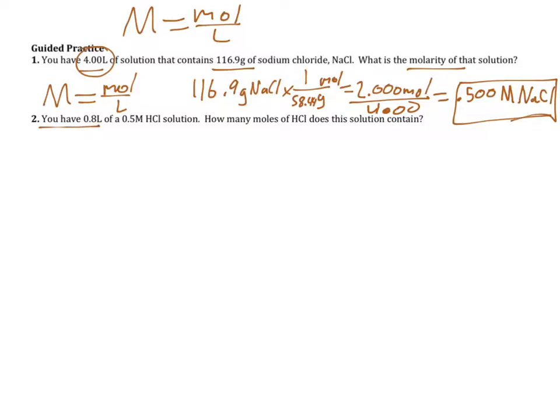You have 8.8 liters of a 0.5 molar solution. The question is, how many moles do you have? Well, again, molarity is equal to moles over liters. All you do is you plug it in, so we have 0.5 moles, and that's going to be equal to the moles divided by the liters, which is 0.8. And all you do is simple algebra.